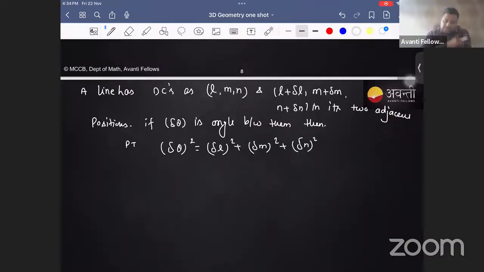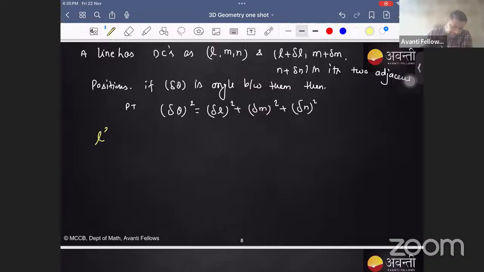See, first of all, they are saying L, M, N and L plus delta L, M plus delta M, N plus delta N are direction cosines in two adjacent positions. So whenever they use the word adjacent positions, it means they are very close to each other. That means this delta theta is also approaching 0. Delta L, delta M and delta N are also approaching 0. So the conditions given to me: L square plus M square plus N square is 1.